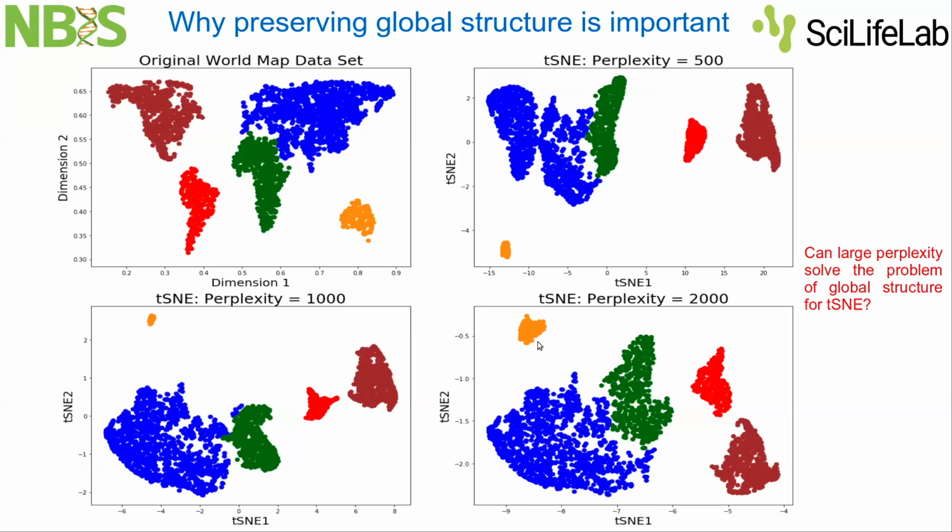You initialize your t-SNE with PCA, and you end up with PCA at the end, because the t-SNE algorithm never starts. That's the explanation why at large perplexity you might get a perfect intercontinental distance preservation, like here on the right bottom plot.